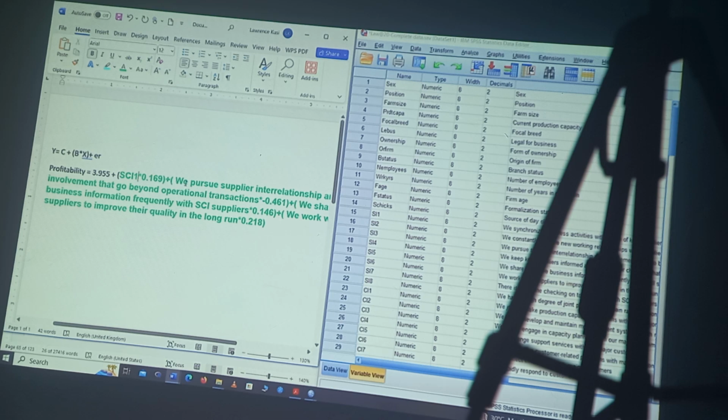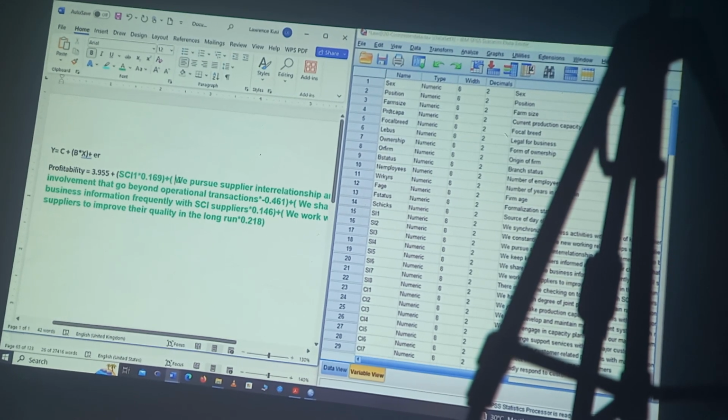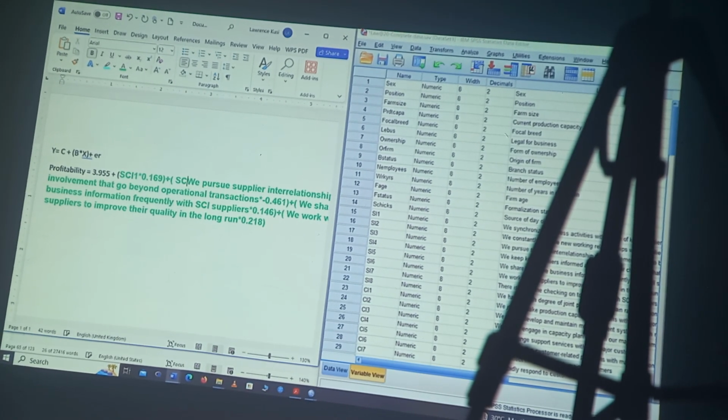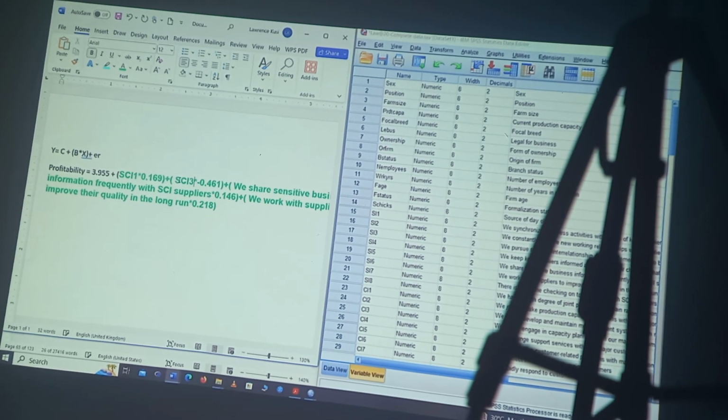We pursue supplier interrelationship and involvement, that is supplier integration 3. It means the same thing, right?